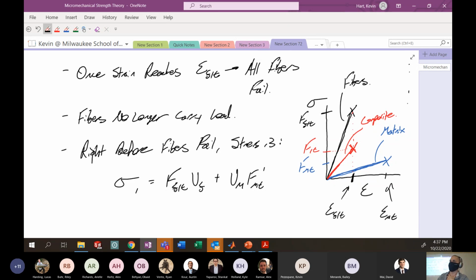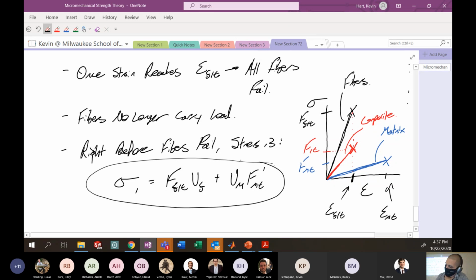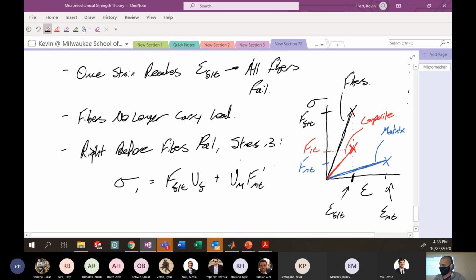Okay, so here's my point. The stress that's in the material right when the fibers fail, what is that value? Well, it's a combination of whatever the fibers are holding right before failure, and we know that that's going to be the failure strength of the fibers multiplied by their volume fraction, plus the amount of strength that we have in the matrix at the strain of failure.